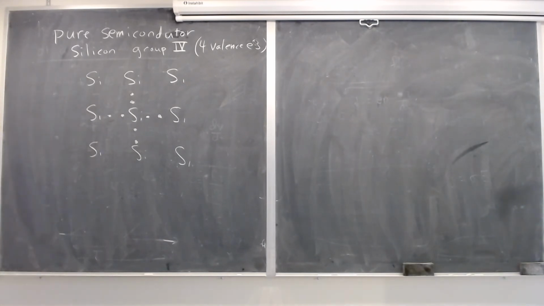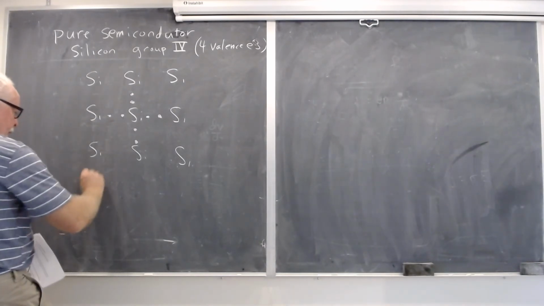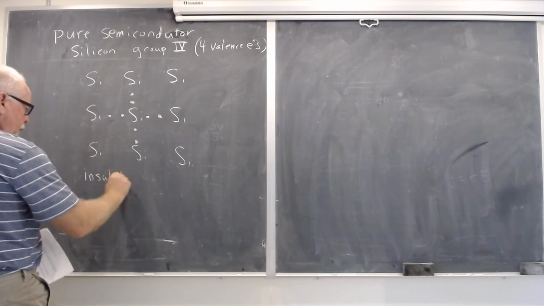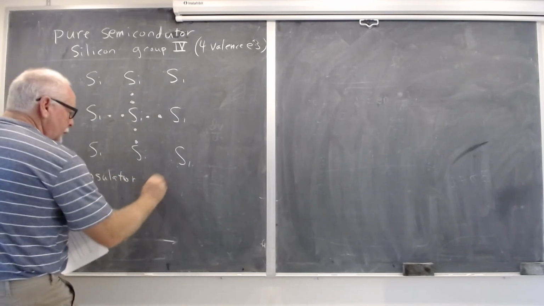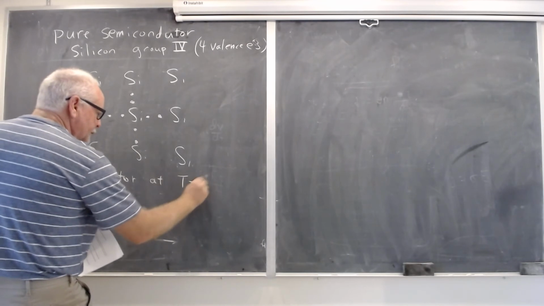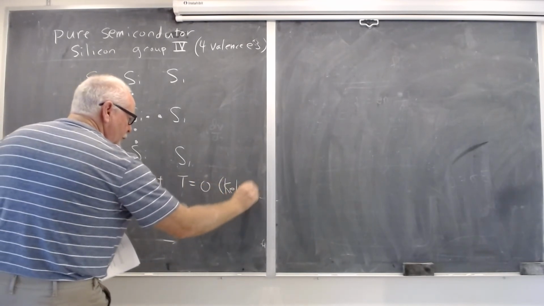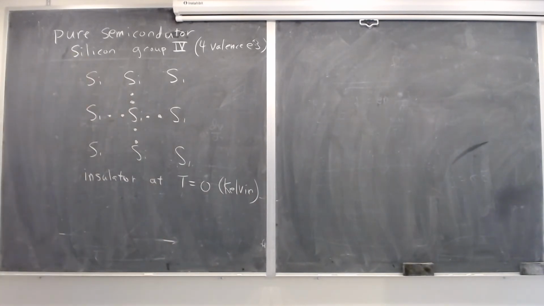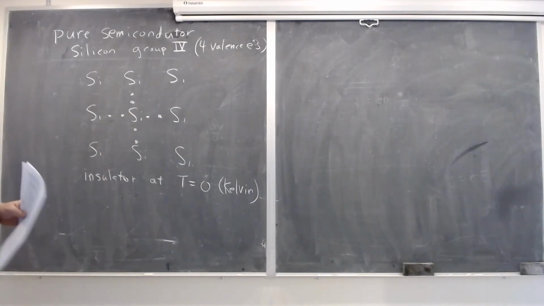Now, this is basically an electrical insulator at T equals 0. Of course, that's Kelvin. And the reason why is because all the valence electrons are bound up in bonds, and so they can't move.